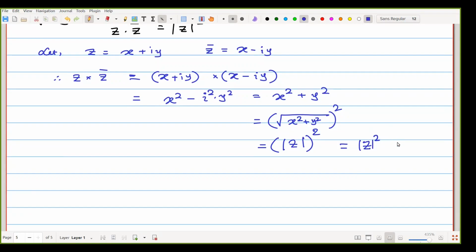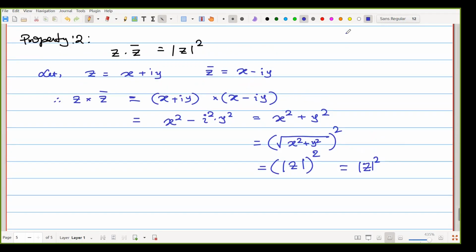So the second property: z into its conjugate, when multiplied, gives us the square of the modulus of the complex number.